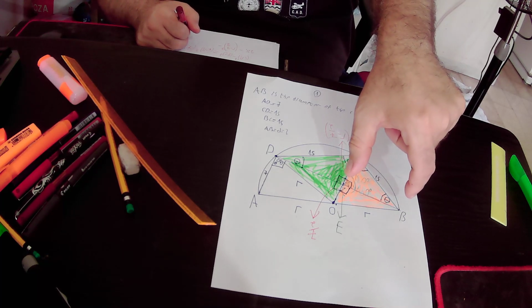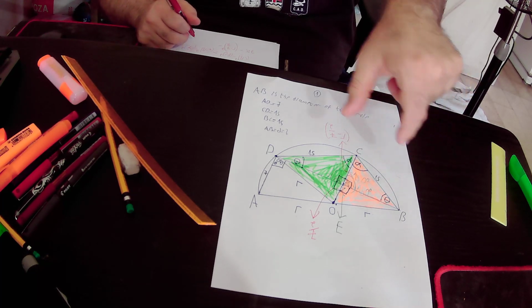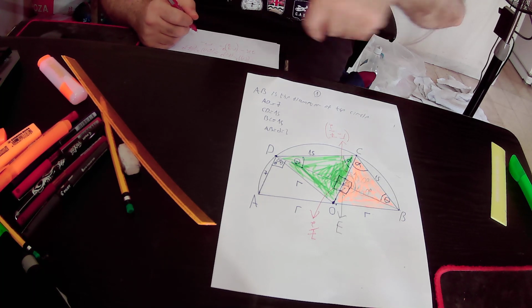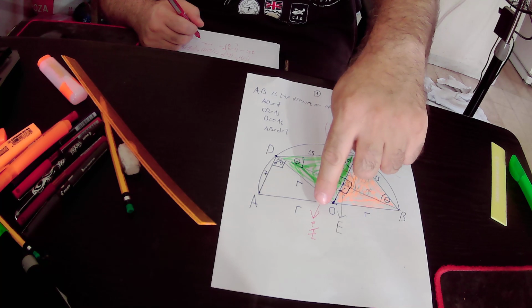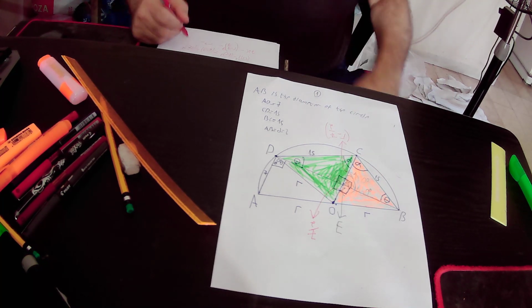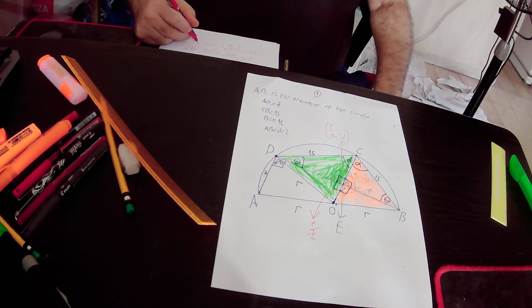OB is the radius, so OB squared is R squared. OE equals 7 over 2, so OE squared is 49 over 4.